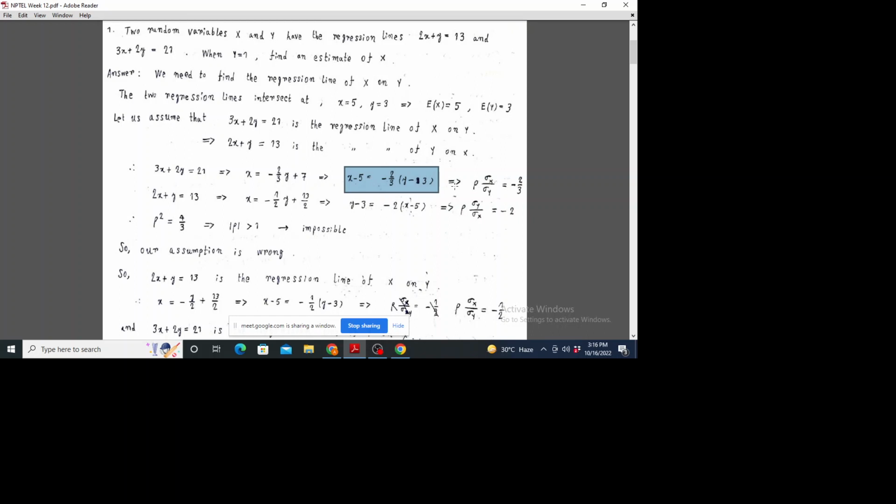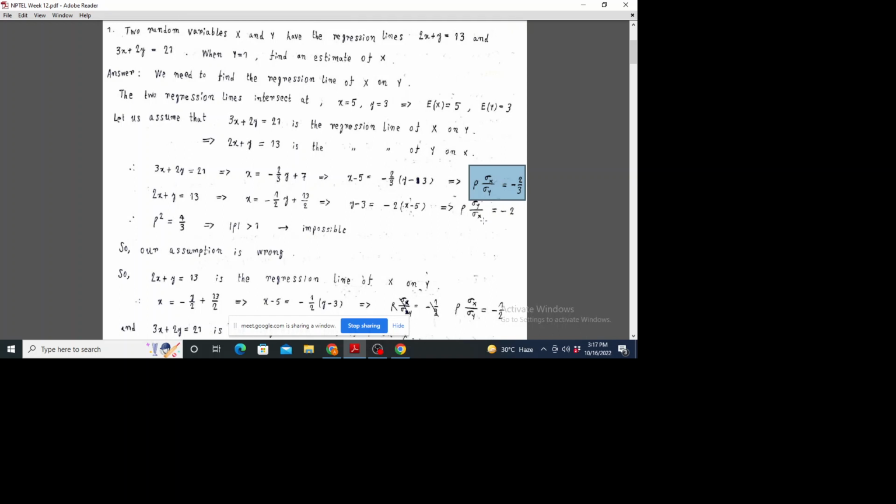Now we can extract the regression coefficient, and the formula for this is rho multiplied by the standard deviation of x divided by the standard deviation of y, which is b_xy. From this equation we see it is minus 2 by 3, which is just the slope of the regression line.